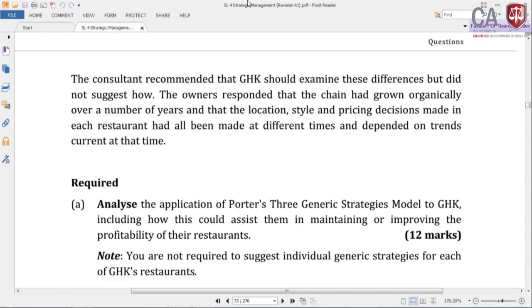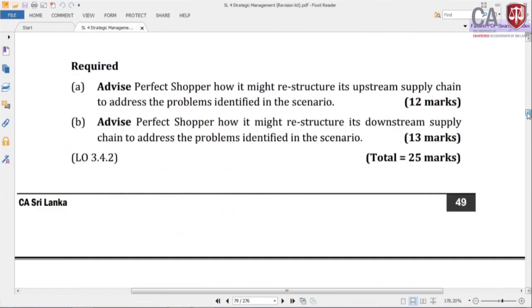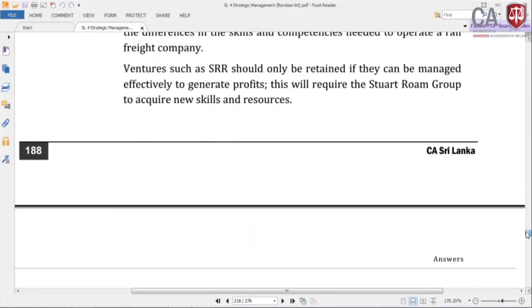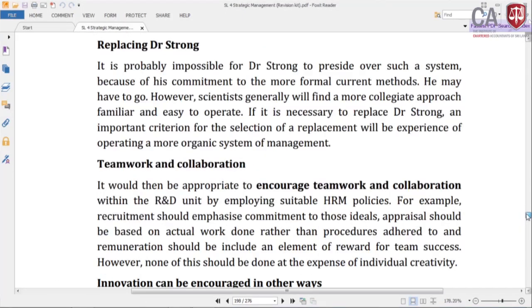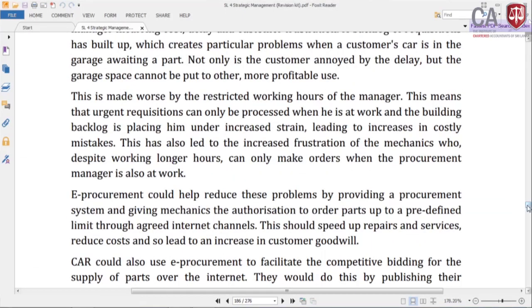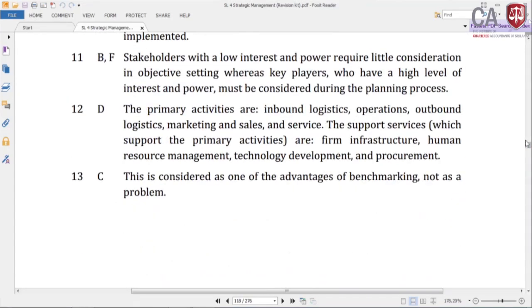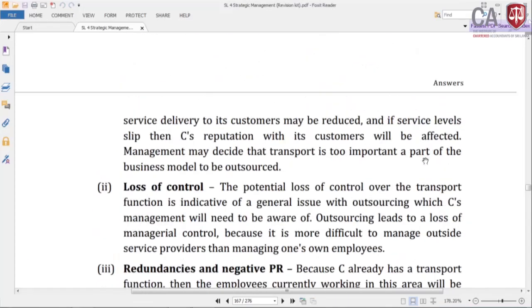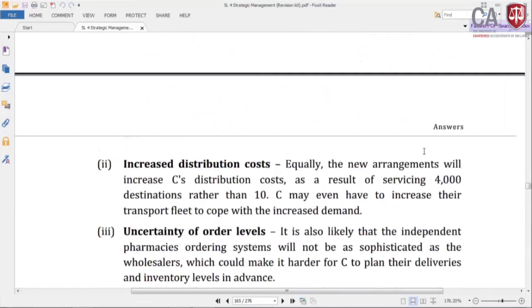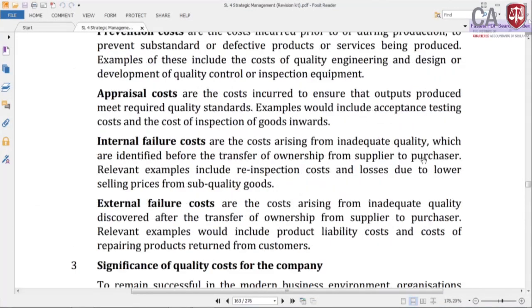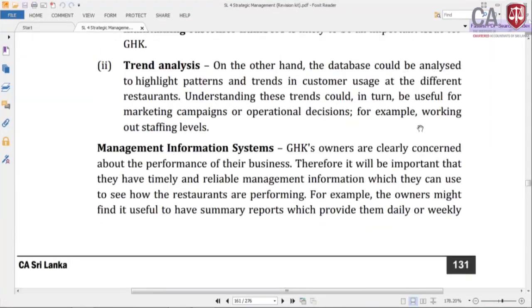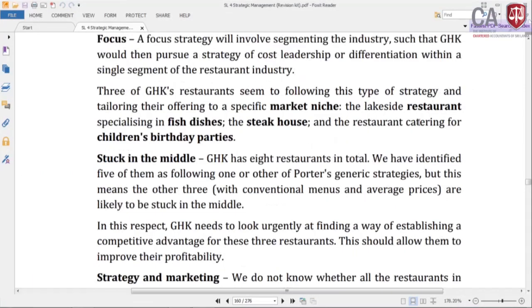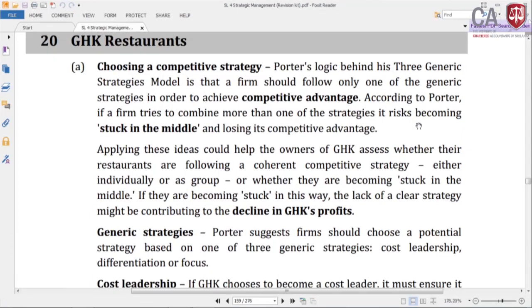So we will look at the examiner's answer also, what the examiner says on this part A. Choosing a competitive strategy.